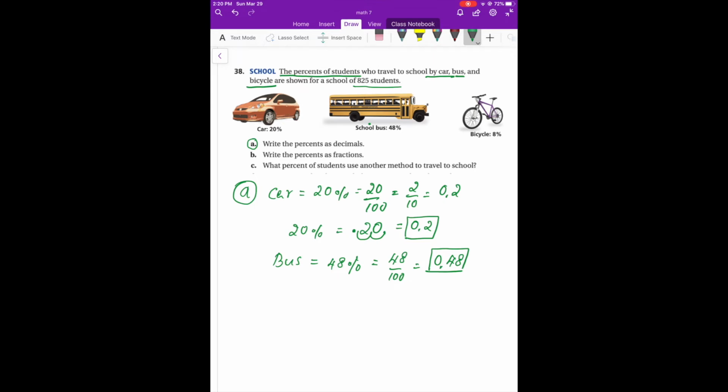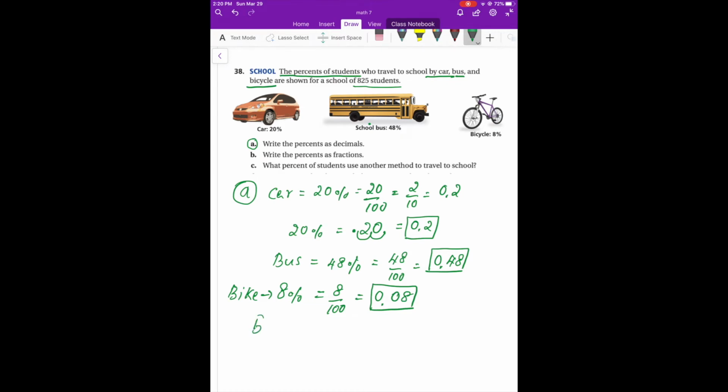They travel to school by bike, and it's 8%. So that means 8 over 100, which is 0.08, with the 8 in the hundredths place. So we are done with part A.